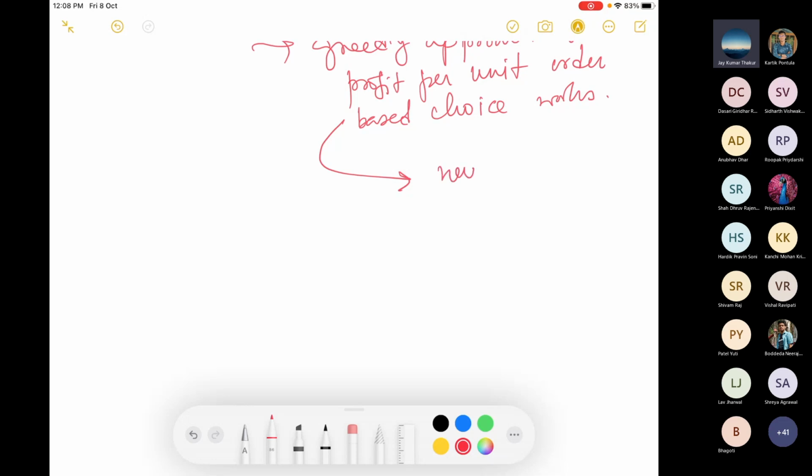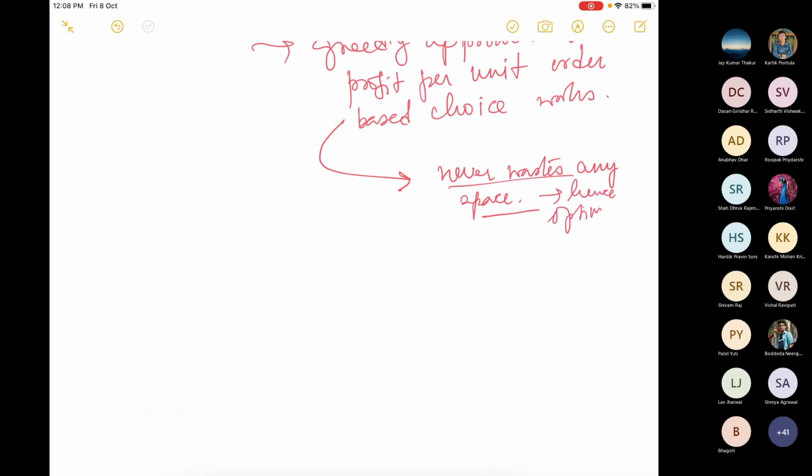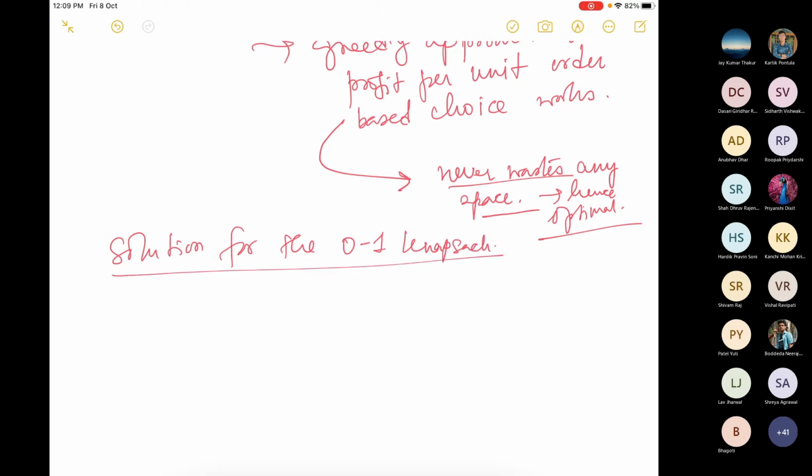It never wastes any space. How do we do this? Using DP. Very good.